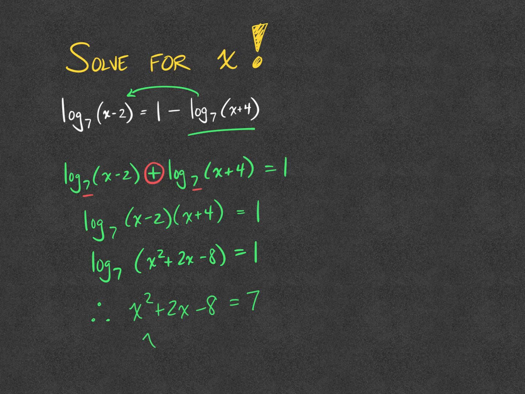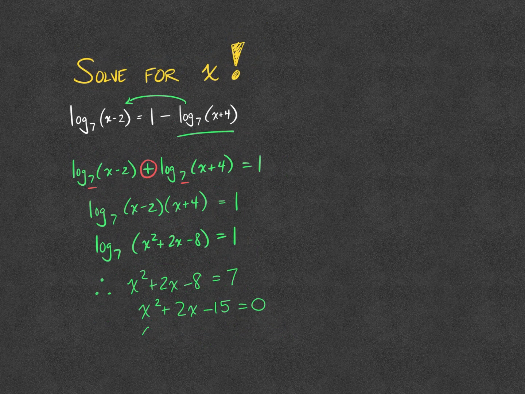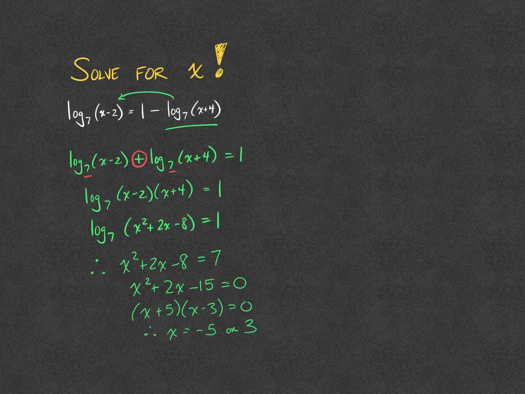And now I've created a polynomial equation. That is, it's quadratic. I can go ahead and factor that, and I see that I get two solutions, that x could equal -5 or 3 from that equation.